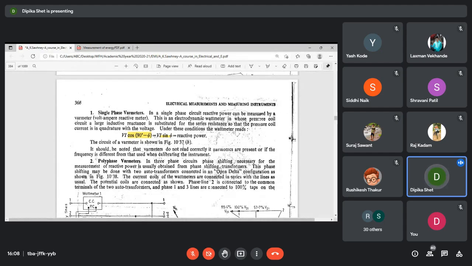It means two times our supply frequency, or three times our supply frequency. If the frequency of our voltage or current becomes 100 hertz, 150 hertz, 200 hertz, and so on, then it is called harmonics. So if harmonics are present in the circuit, this VAR meter will not give the correct reading.